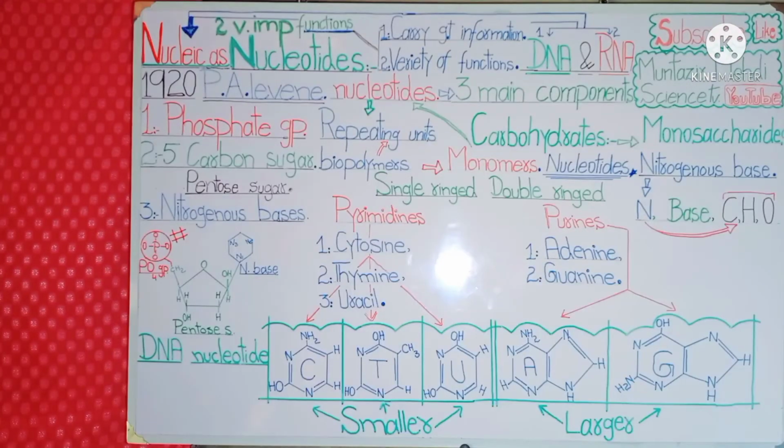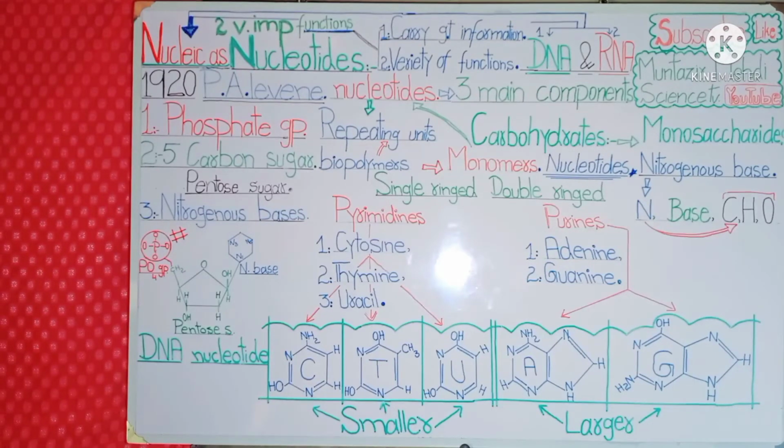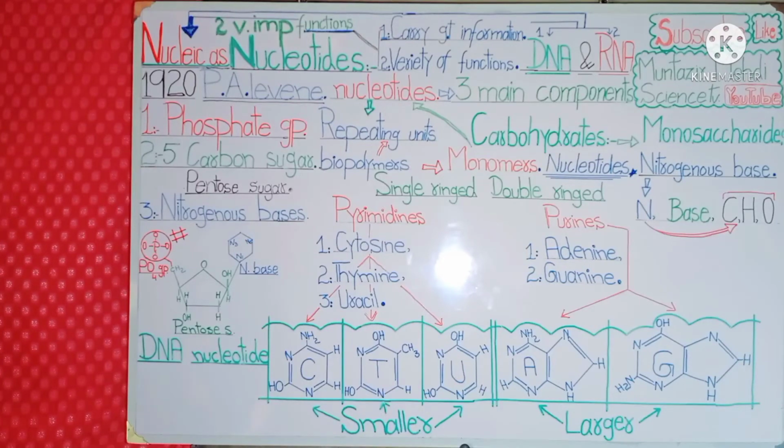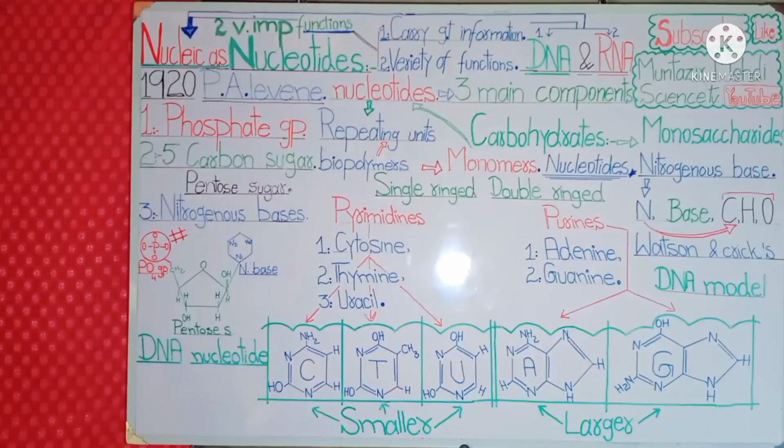The difference in the sizes of these bases is very important as it helps them pair properly in the structure of DNA, which I have described in my lecture on Watson and Crick's DNA model. So now you know the individual structures present in a single nucleotide.